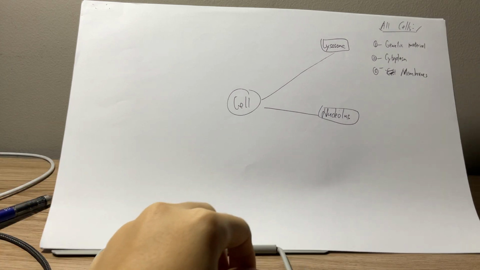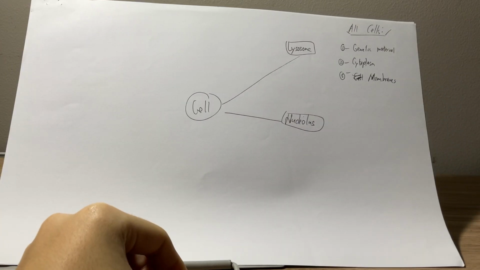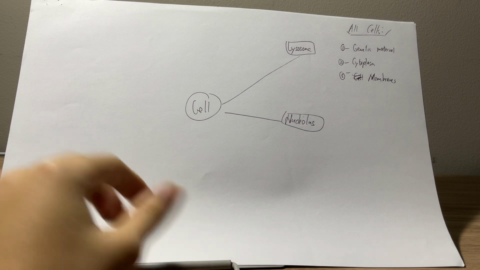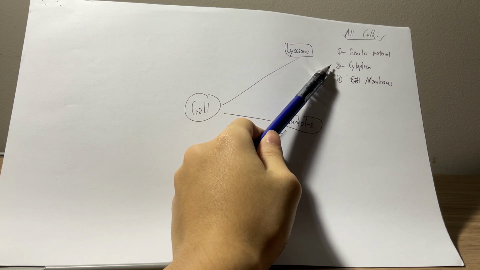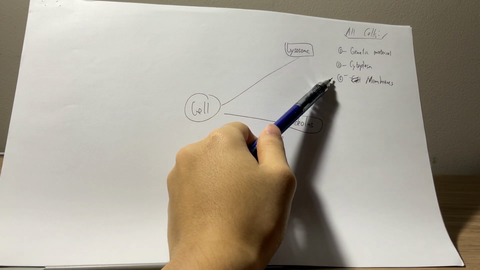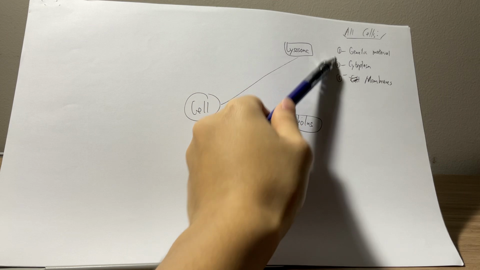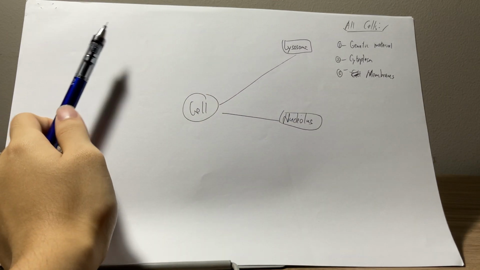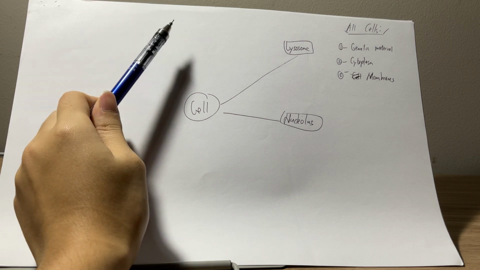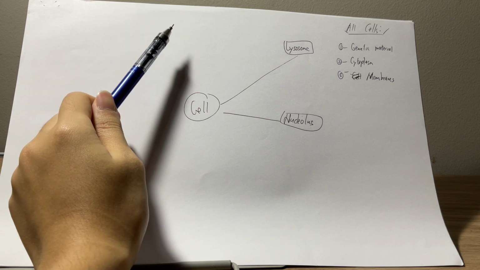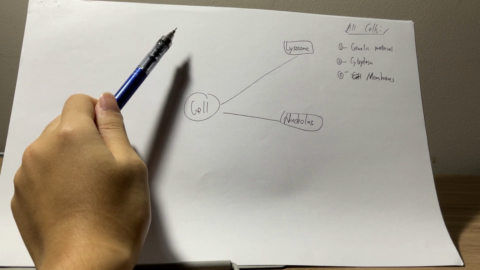Okay, what is this? Cell, lysosome, and nucleolus. All cells have genetic material, all have a cytoplasm, and all have membranes. That's standard. I think lysosome is, what do you call this? The garbage can in a cell.